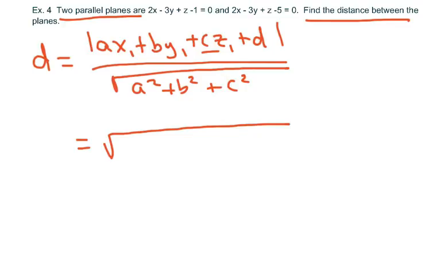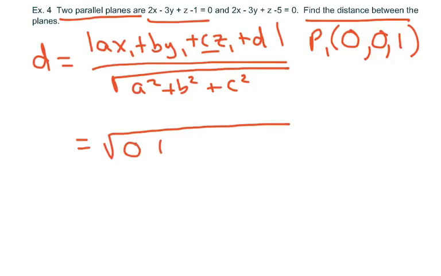We have to find the distance between the planes and find one point on the first plane. So the one point on the first plane we're going to call 0, 0, 1. So when you get that, this is your point on the first plane, this one. So we're going to get 0 plus 0 plus 1 minus 5.